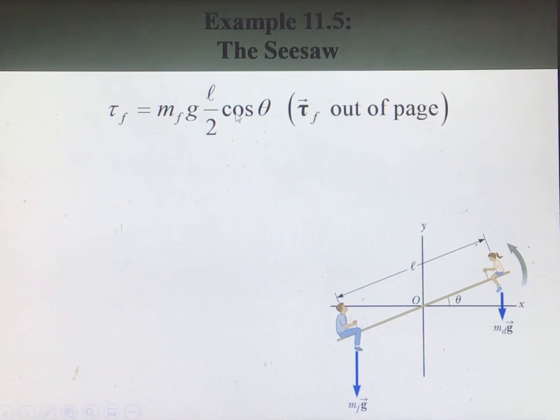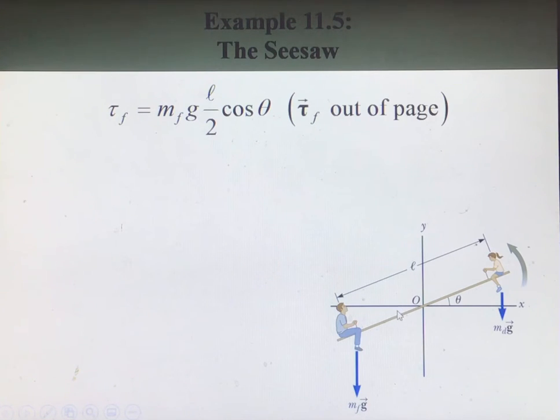The reason why we use cosine of theta right here is because, when I calculate the torque, I only need to use the component that makes 90 degrees with respect to my axis. If this is my axis right here, and this angle is theta, then this angle must be equal to theta as well.